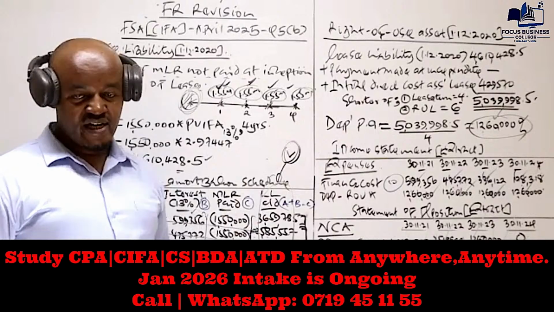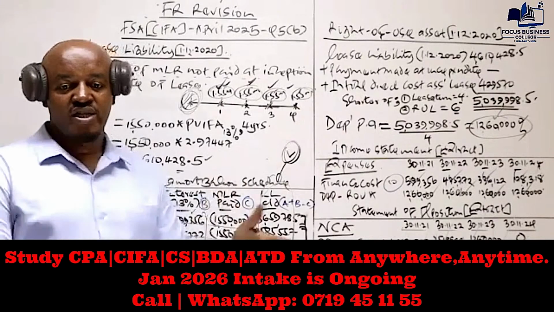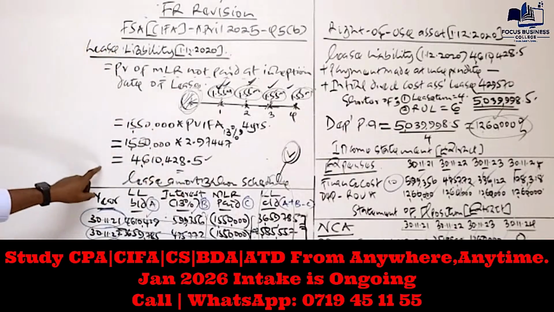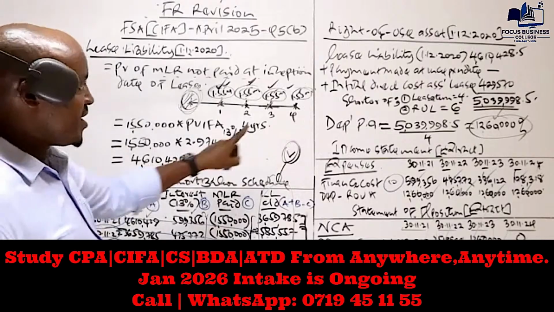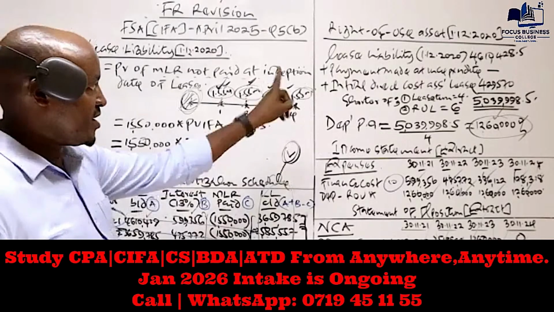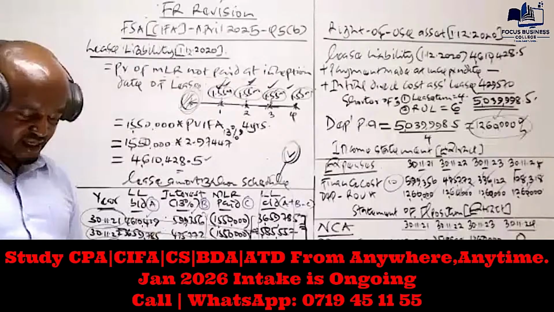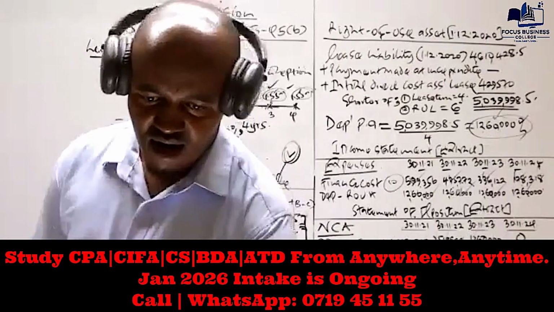The minimum lease rentals are payable either in advance or in arrears. You must be in a position to compute the lease liability, prepare this schedule and the right of use asset. So basically that is what was required as far as that question is concerned.